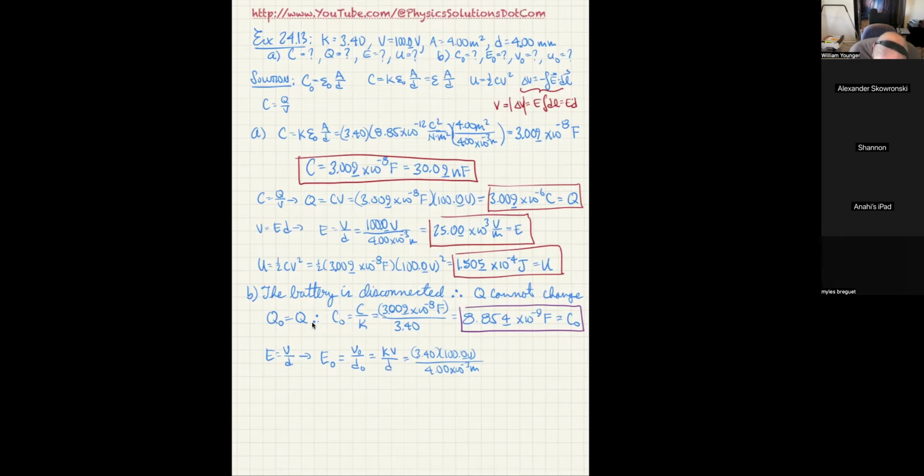And that's going to give me 85.00 times 10 to the fourth volts per meter. Actually, that's 10 to the third, technically, since I wrote it as 85.